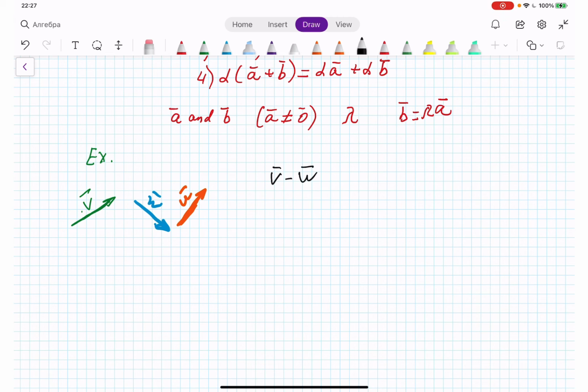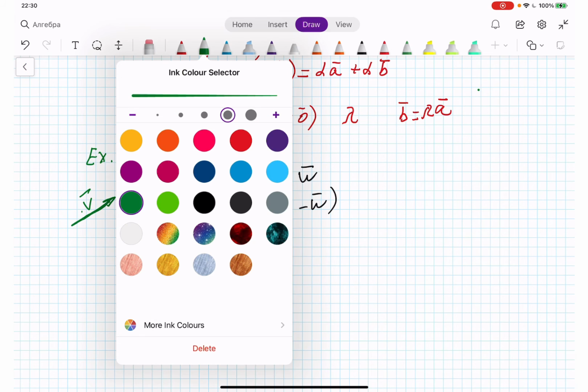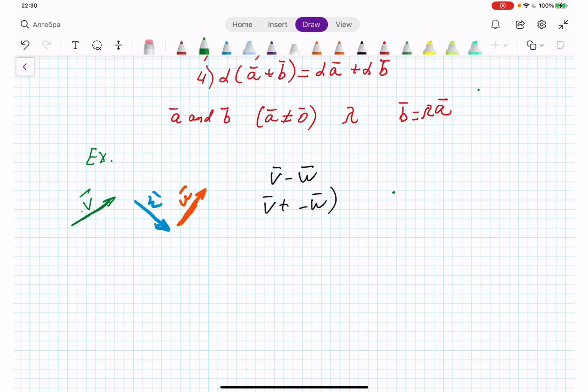So, first one, we need to do vector V minus vector W, which is the same thing as V plus the opposite direction of W, right? So I'm going to use the triangle method. I'm taking my vector V, running parallel in the same magnitude.